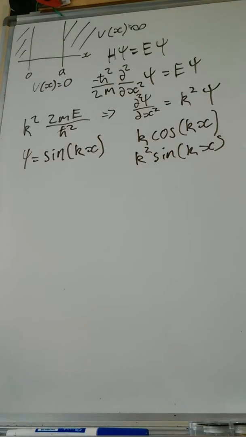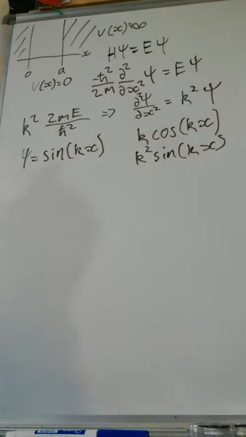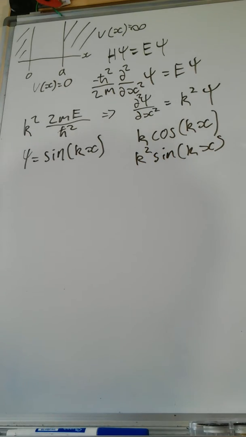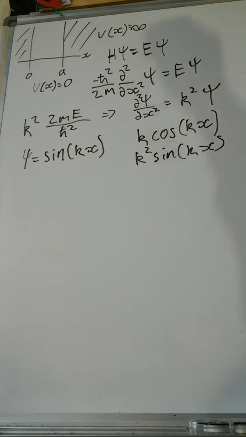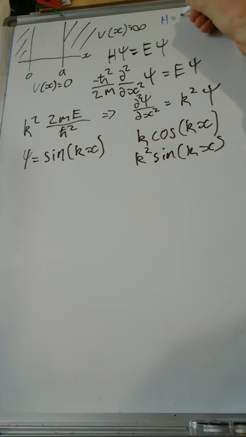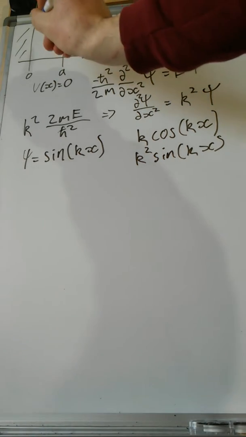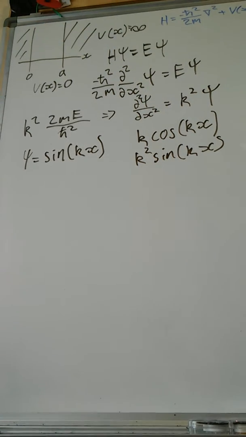Now consider that at this point here, I haven't written out the full Hamiltonian. The Hamiltonian, let me change color just for reference on the side here, is negative h bar squared over 2m grad squared plus V of x, and in this region here V of x is 0, so I've ignored it.